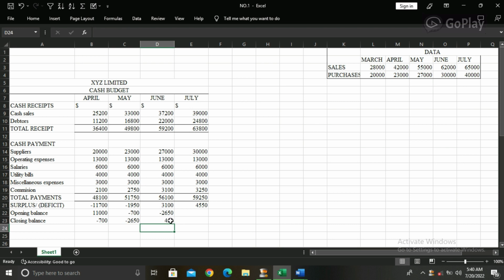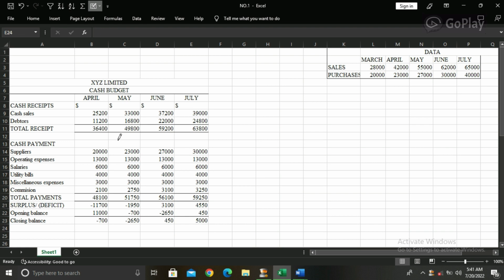So now this closing balance for June then becomes the opening balance for July. So we have 450 as the opening balance for July. Then we sum that one too and get a closing balance for July. Yes, so here is the end of our cash budget.